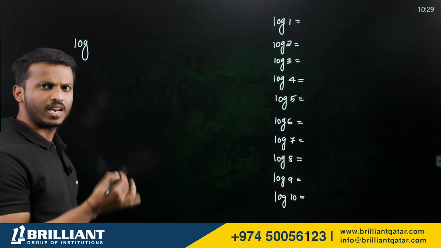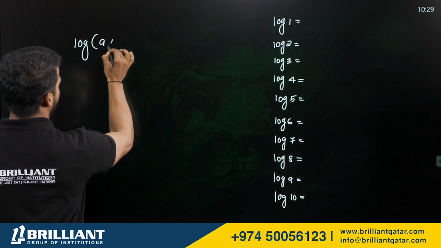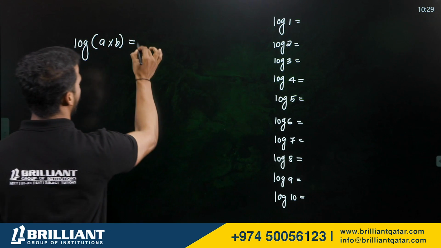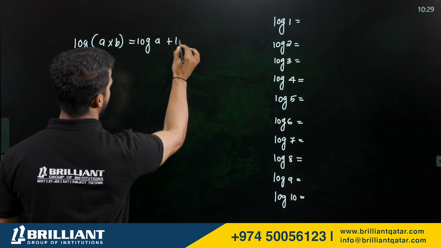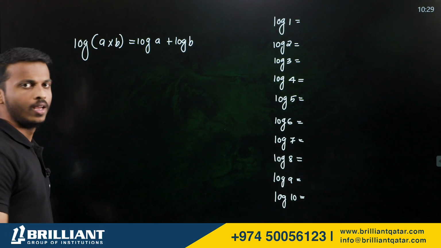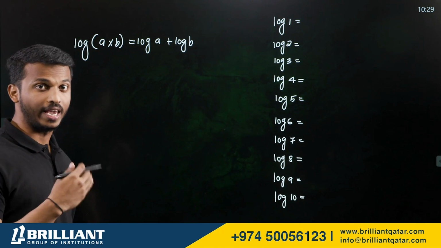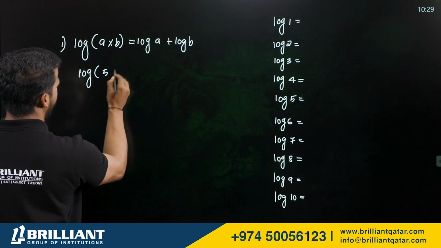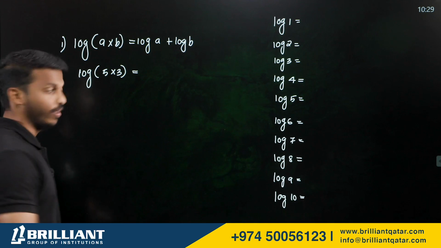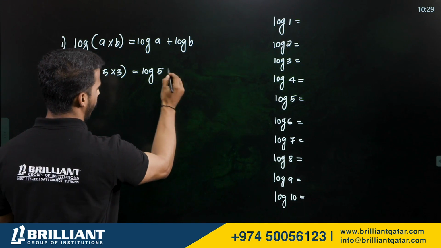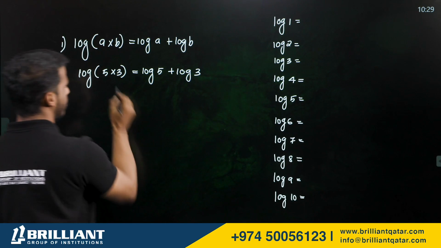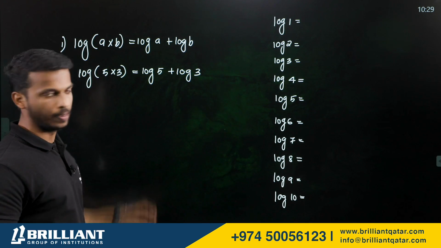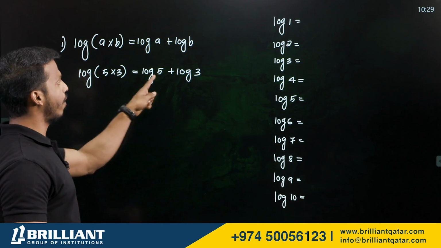Some common general equations: log A into B is equal to log A plus log B. For example, log 5 into 3 we can write as log 5 plus log 3. This is the form of A into B.